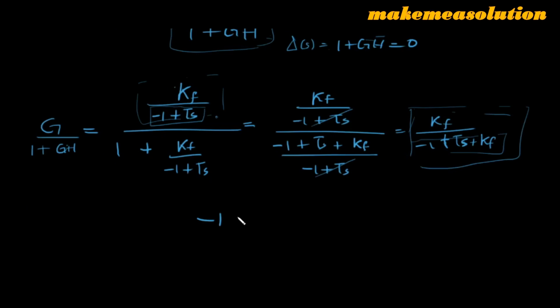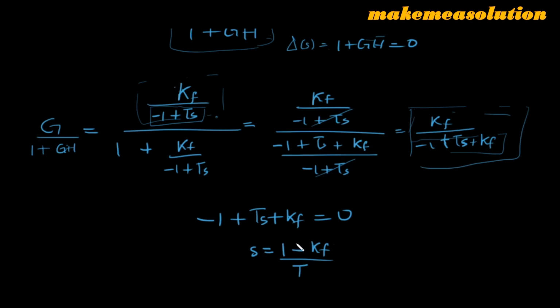If we equate minus 1 plus TS plus KF to 0 and solve for S, since KF is a constant, we'll have S equal to 1 minus KF all over T, something like that. So you can see now that S will have one particular pole.